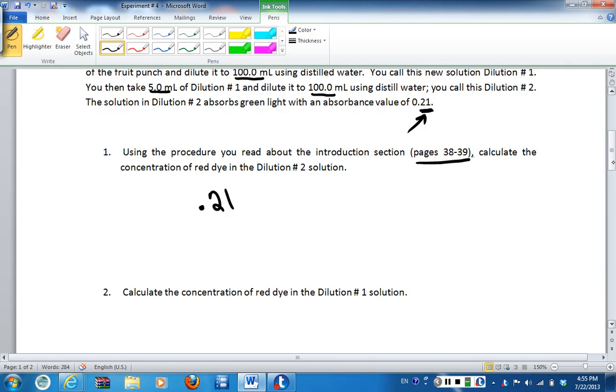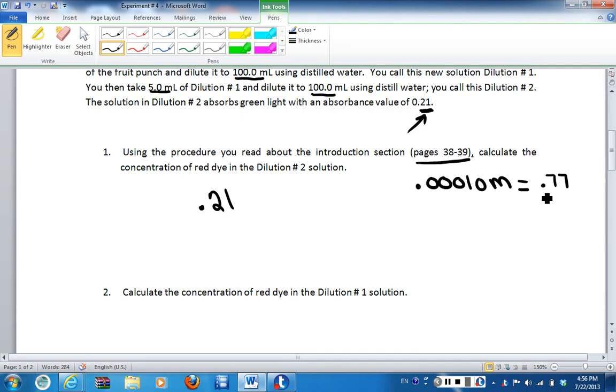From the first paragraph of this problem, we know that a 0.00010 molar standard solution has an absorbance of 0.77.